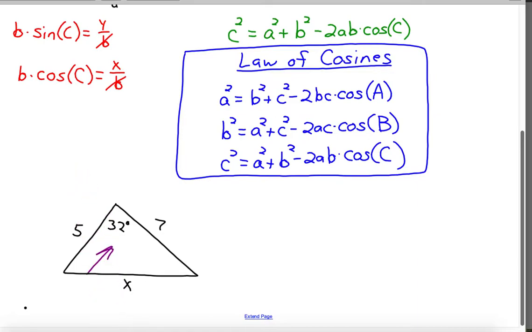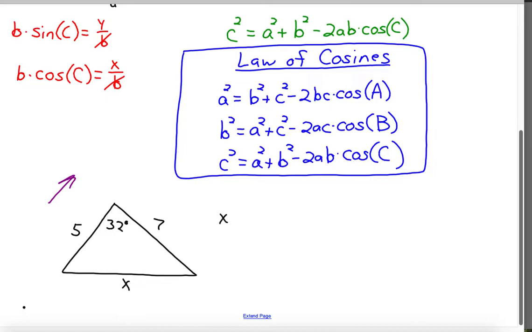So I'm going to have the x squared by itself. So I would just write x squared equal, and the order doesn't matter here, 5 squared plus 7 squared minus 2 times 5 times 7 times the cosine of the angle across from x, which was 32 degrees. And then we'd grab the calculator and punch that in, and we'd get x.